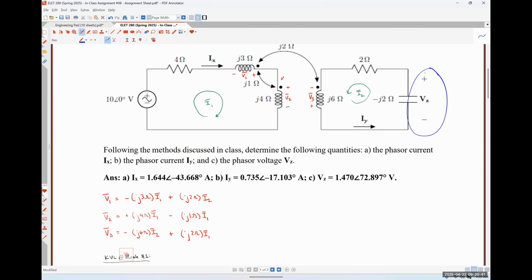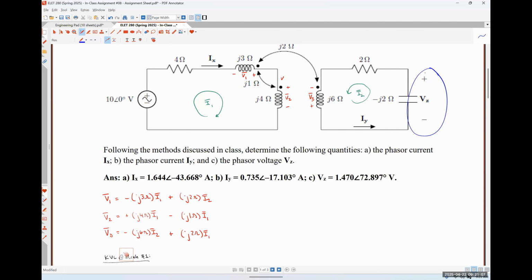So VZ isn't the voltage drop across the total resistance. VZ is just the drop across that minus j2 ohm capacitance. So why would I use the total impedance? Okay. So it's going to be minus j2 ohms times the current, but it needs to be the current that's flowing into the positive polarity terminal.